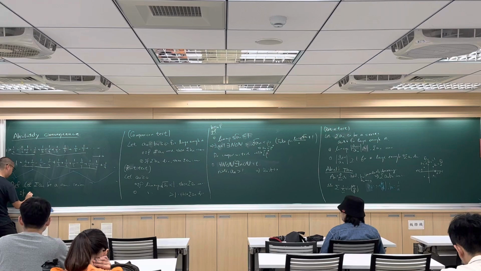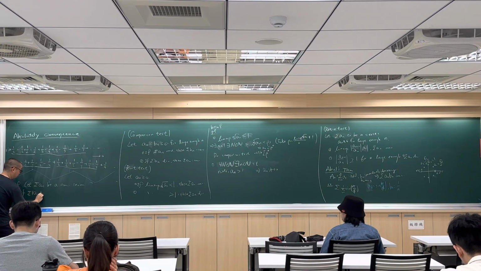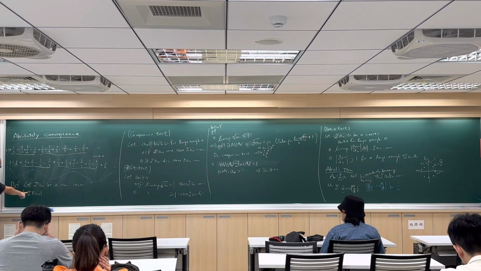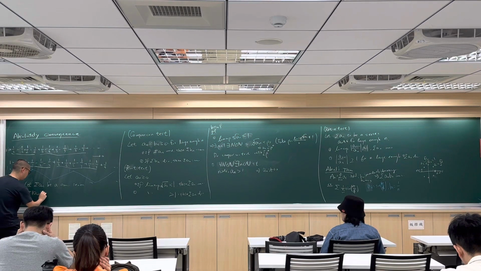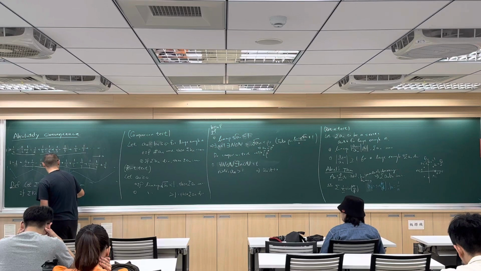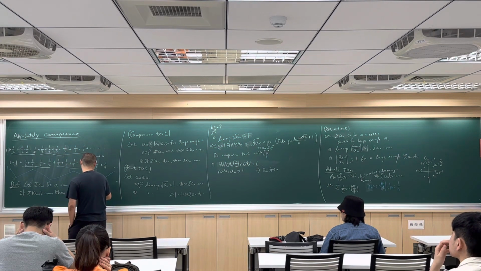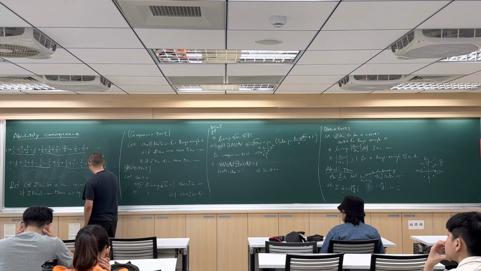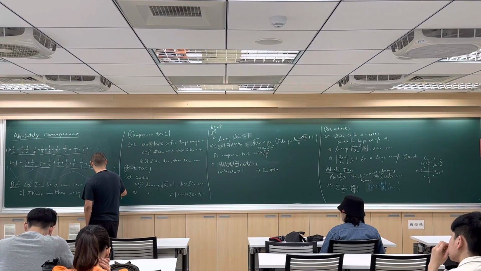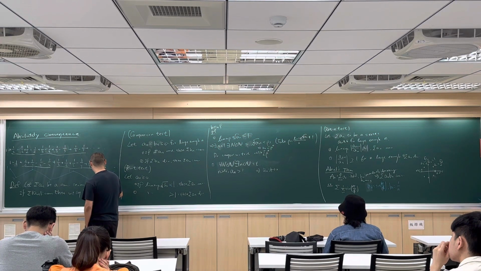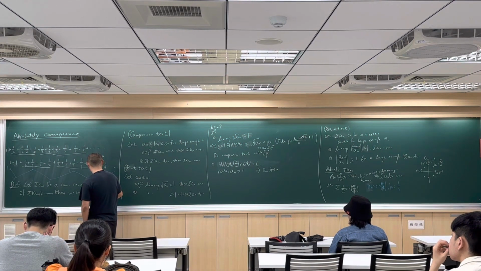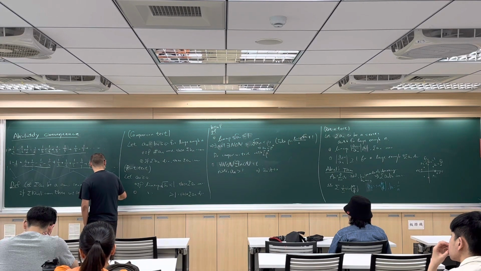If the absolute value of a_n converges, then we say this one is absolutely convergent, or converges absolutely.